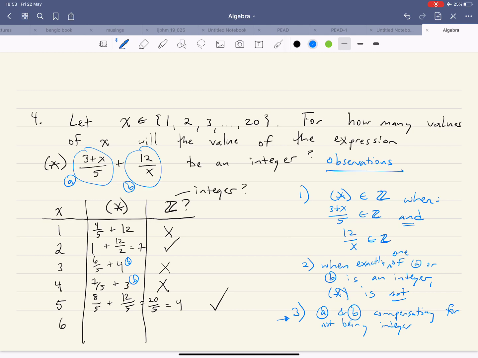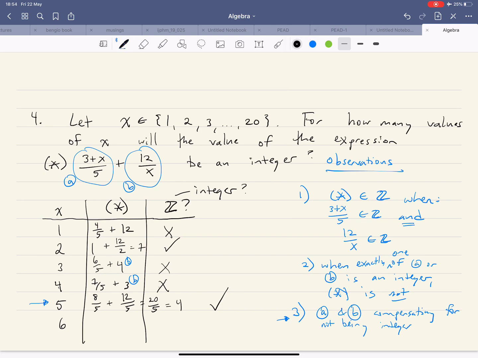My intuition is that it's going to be the case for inputs that are multiples of 5. But I'm not going to go down that path of trying to verify or prove or disprove that in the interest of time. Okay, so let's go back to our inputs.